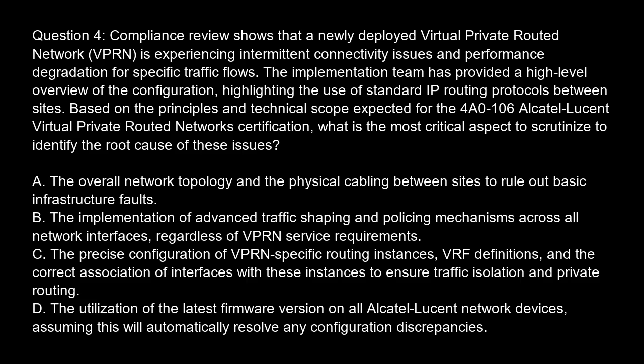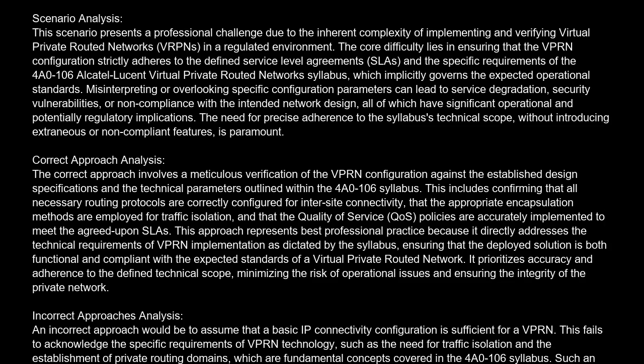Option C. The precise configuration of VPRN-specific routing instances, VRF definitions, and the correct association of interfaces with these instances to ensure traffic isolation and private routing. Option D. The utilization of the latest firmware version on all Alcatel Lucent network devices, assuming this will automatically resolve any configuration discrepancies. The correct answer is C.